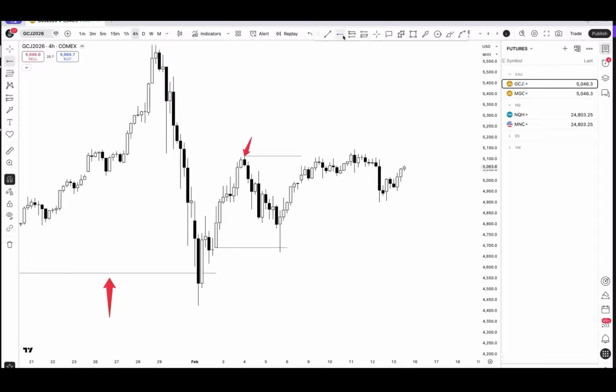Here's the easiest way to spot it. Sometimes if you don't know how to spot where price is reacting off of, just look to the left and see what caused this move. Every time I'm looking at price, I ask what caused this move to happen. And that's right here.